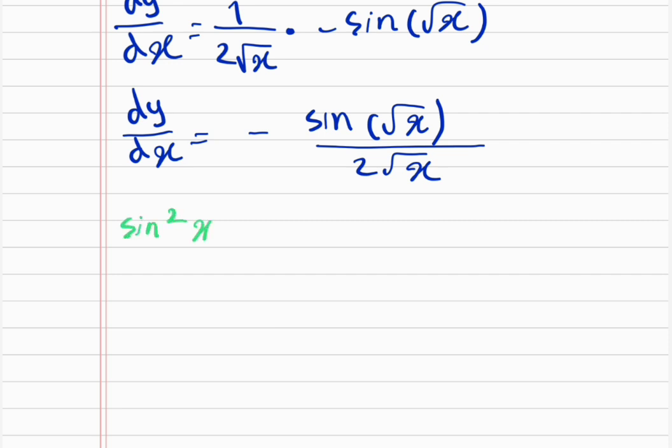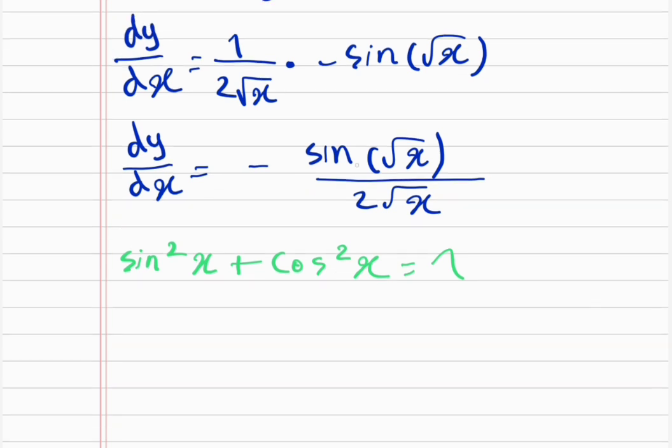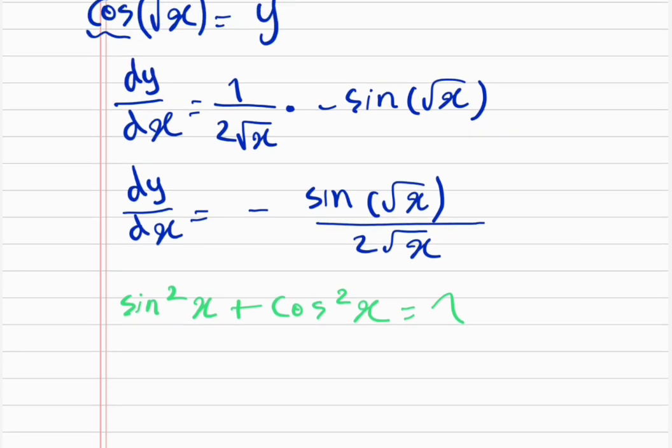sine squared x plus cos squared x is equal to 1. And this is a very typical technique, that there are many cases where we want to use the identity and write cos in terms of sine, or vice versa. So in this case, we have sine, so we want to find a way to write sine in terms of cos.